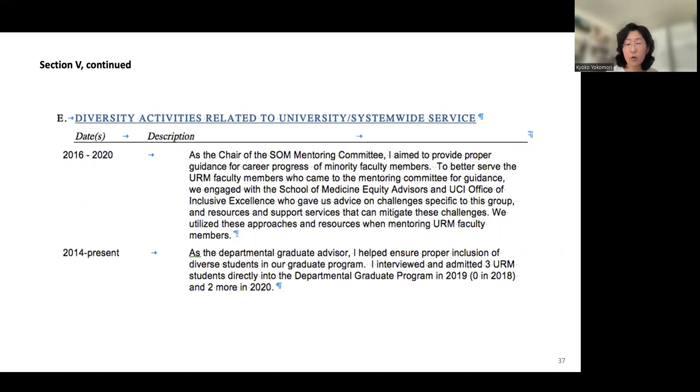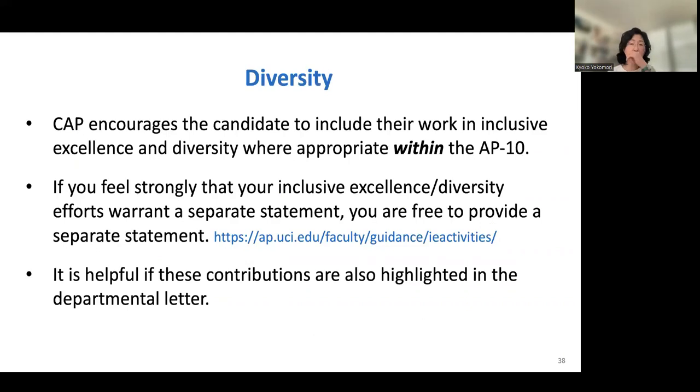And so let's go into the diversity. The CAP really puts emphasis on diversity. So the 3 pillars of evaluation are still teaching, research, and service, but diversity is another important component, and they really appreciate your effort.